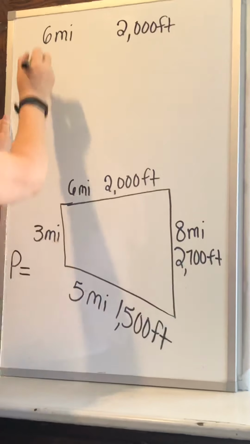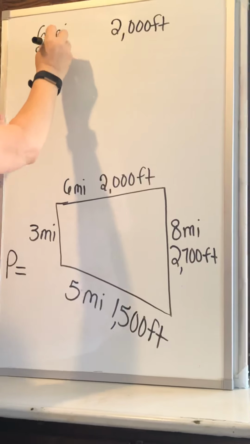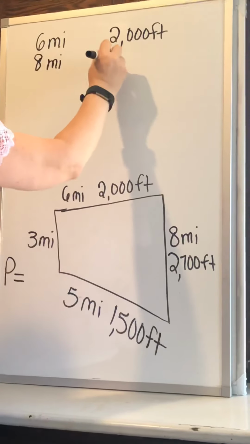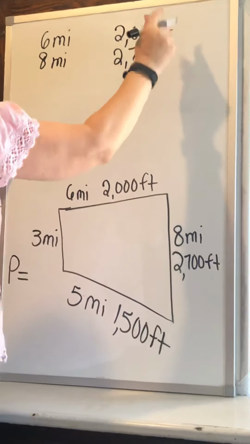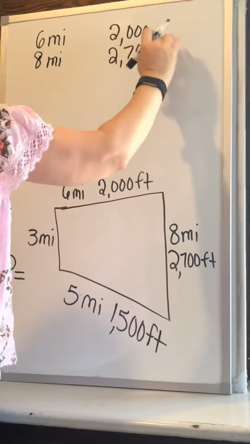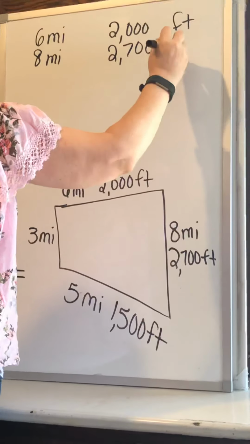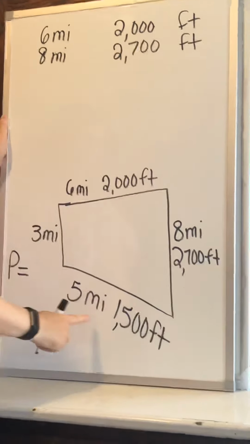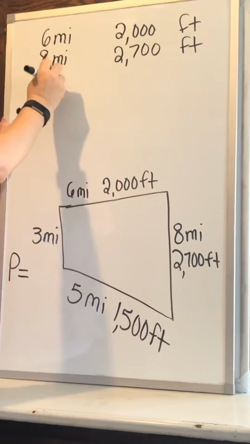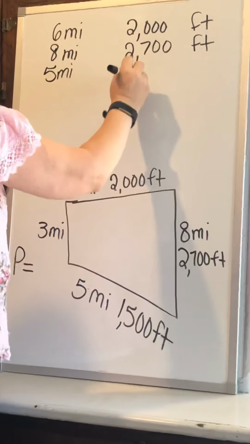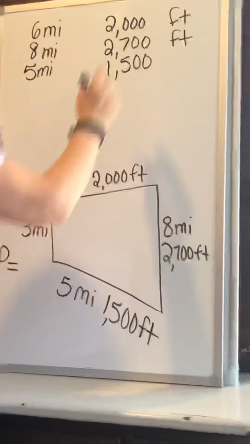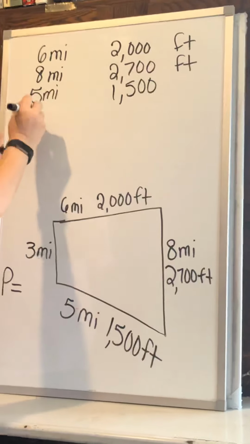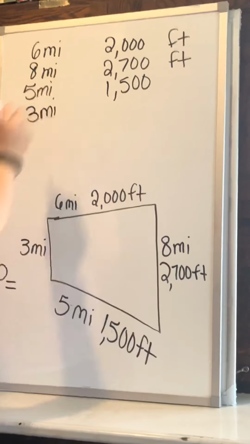We're going to take 8 miles, and we have 2,700 feet. We're going to take 5 miles and 1,500 feet. And then we have 3 miles, and we have no extra feet with that.